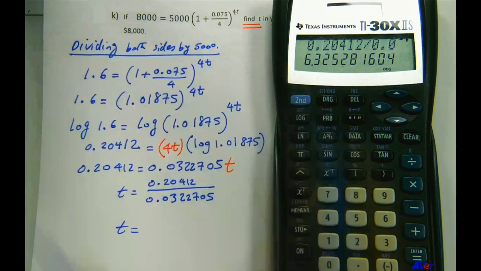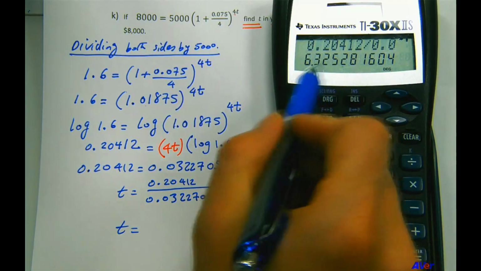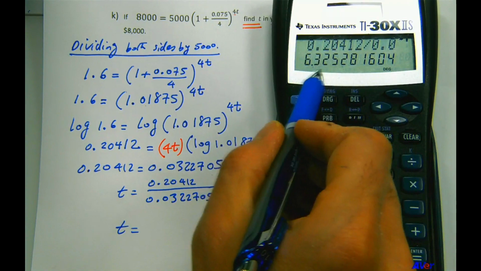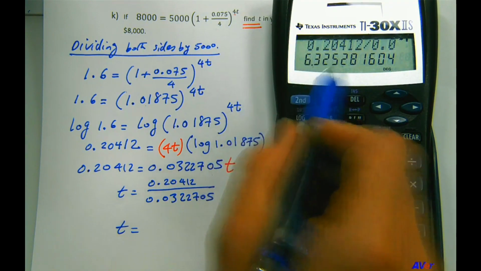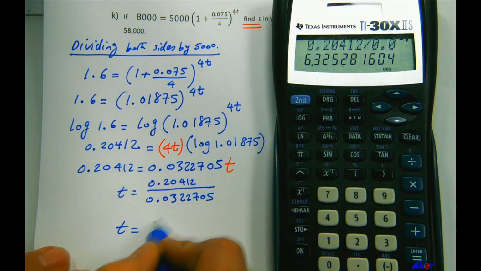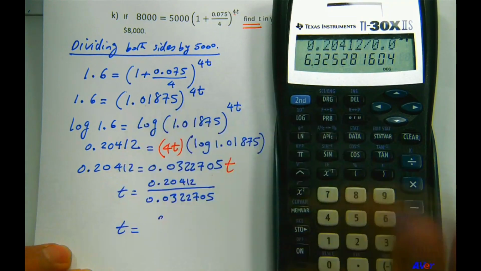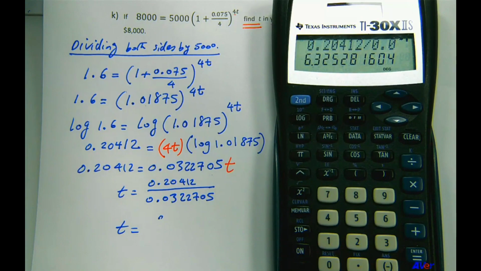When dealing with logarithmic or exponential functions, I like to keep several digits after a decimal point. So I'll just say 6.325. So t, we're dealing with years, right? We're dealing with years, so let's round it to something more meaningful than that. So I'll just round it to 6.3.